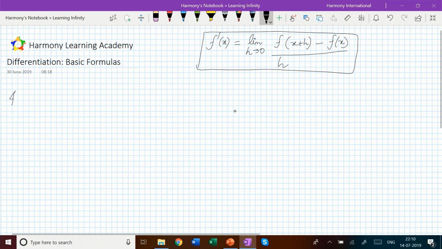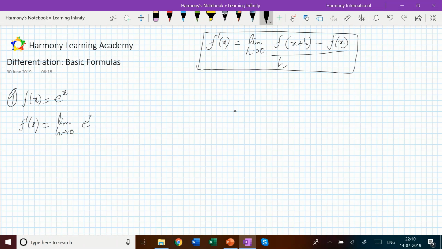Let us now consider the function f(x) equal to e to the power x. e to the power x is the exponential function. So f'(x) will be limit h tends to 0 of e to the power x plus h minus e to the power x, by h.